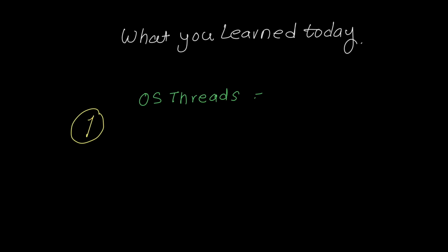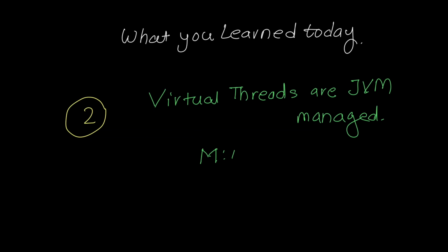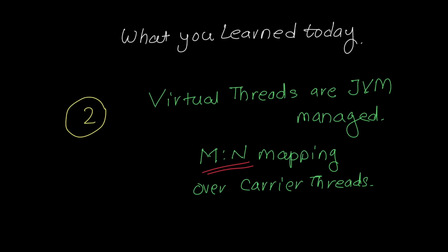Now to summarize, let's understand what we learned so far from this video. The first point that we learned is that OS threads are expensive. Hence, if we block an OS thread, it is going to be wasteful and we should avoid that. So how do virtual threads solve the problem? Virtual threads are JVM managed and not actually managed by the OS.